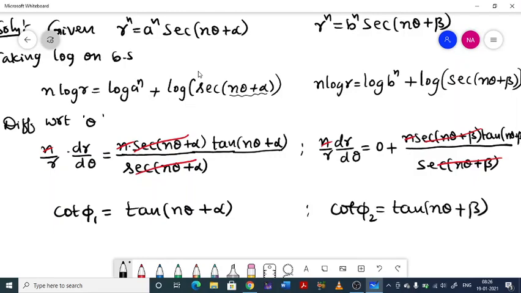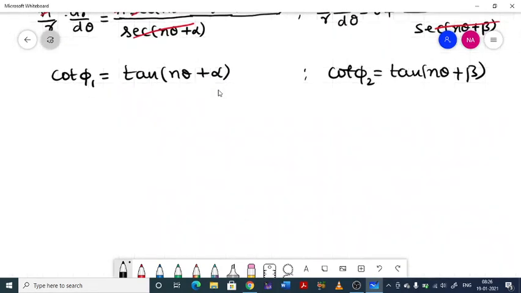See, we have tan here, I want to get that in terms of cot, so tan theta equal to cot of pi by 2 minus theta. Using that relation, cot phi 1 equal to cot of pi by 2 minus n theta minus alpha.